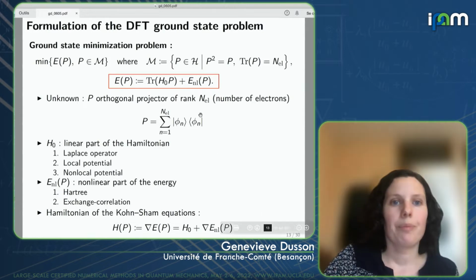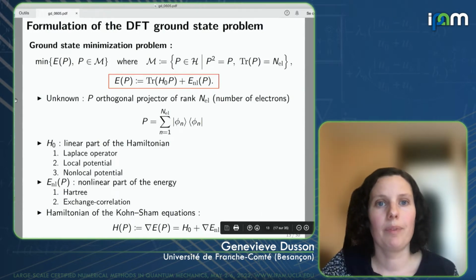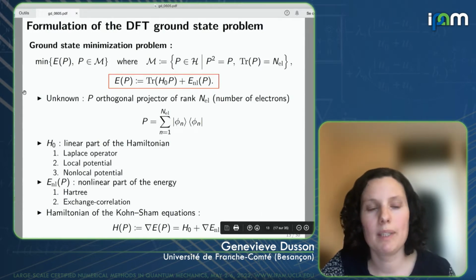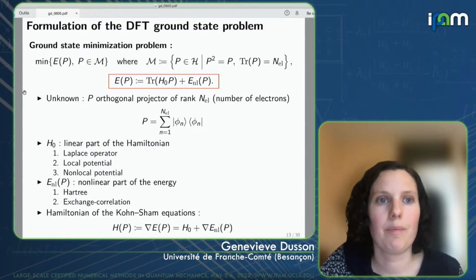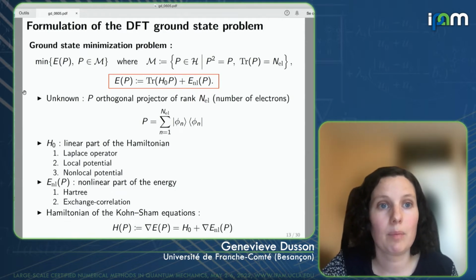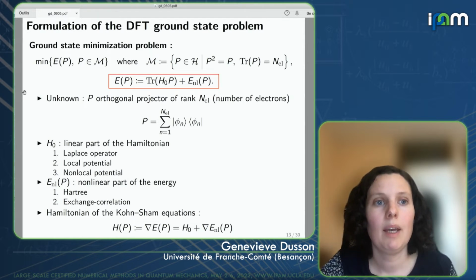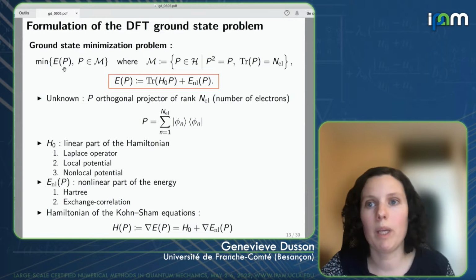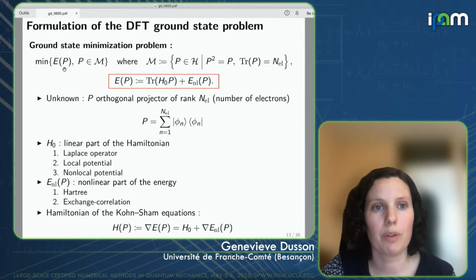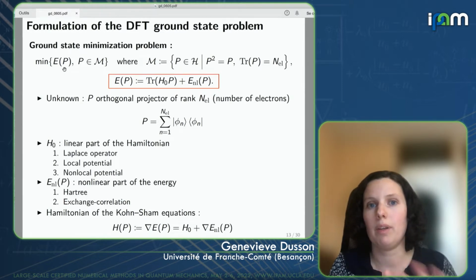Okay, so first, in order to simplify the analysis, I will start by stating the ground state minimization problem as a minimization problem where we look for orthogonal projectors instead of the orbitals.